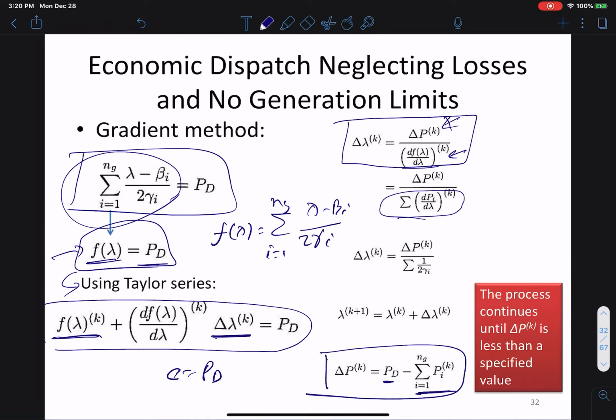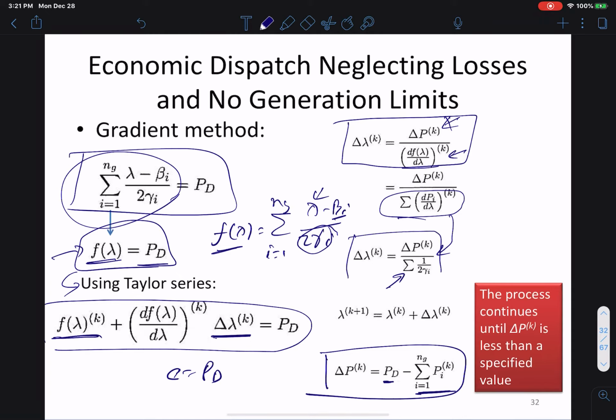If you take the first derivative with respect to lambda, this becomes 1, this becomes 0, and this is your coefficient. Can you see that? So if you take that one, that becomes right here. That's basically your delta lambda k.